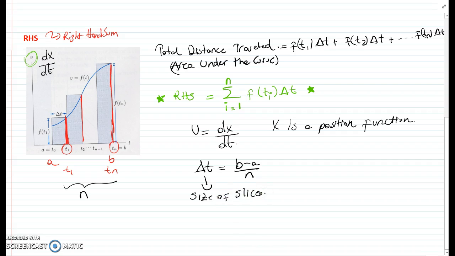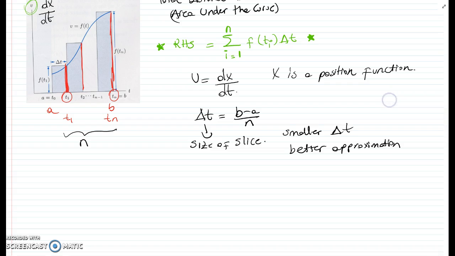As we have seen in previous examples, the smaller the delta t, the better the approximation. Now if we take those delta t's so small, we can make the best approximation for the area under the curve, and that is going to bring us to the definite integral.